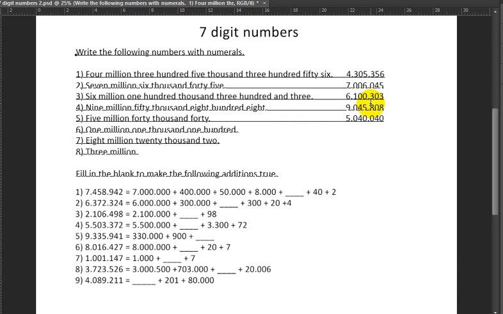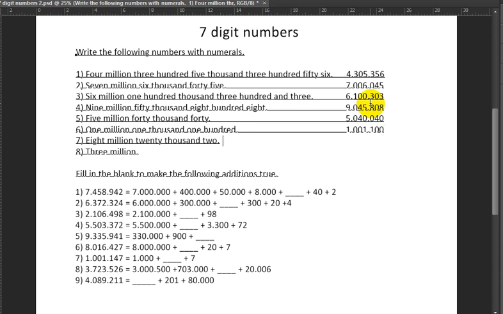Next up, we have 1,001,100. So 1,000,000, 1,000 means no hundreds of thousands, no tens of thousands, just 1,000. 100. So just 100 here.